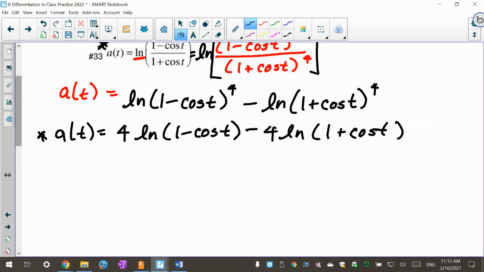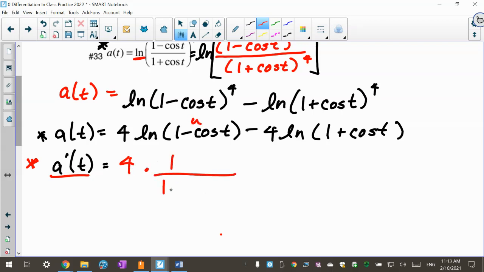Okay, so what I'm going to do here is now I'm starting a prime of t. This right here is the first time I started doing the derivative. Okay, so ready? 4 times, this is my u, 1 over u times u prime, and the derivative of 1 is 0.